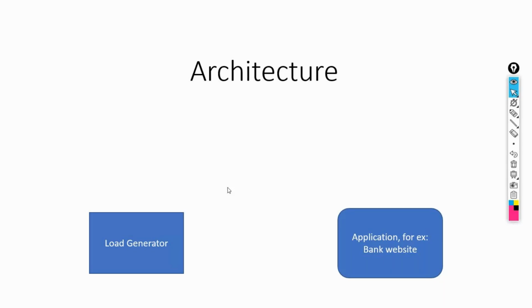If you have 32 GB RAM, maybe it can generate up to 6000 users. So it all depends on the configuration of the load generator machine. The load generator is a component which will simulate or generate virtual users for us. Hope everyone understood this.